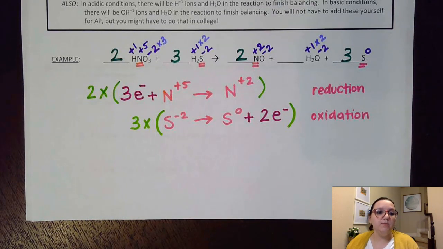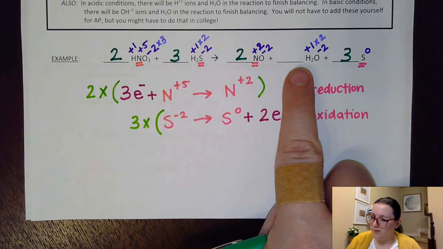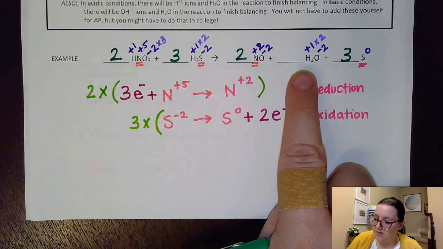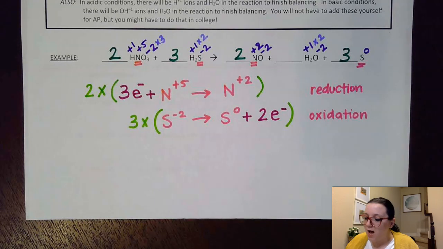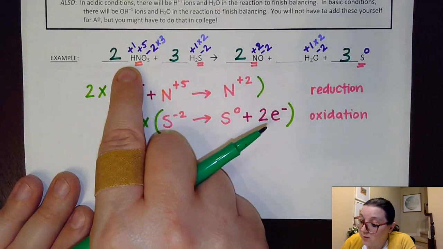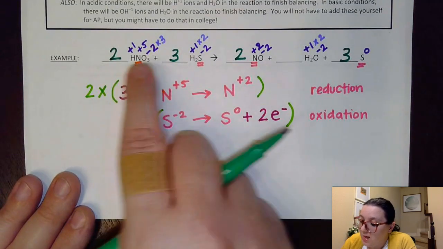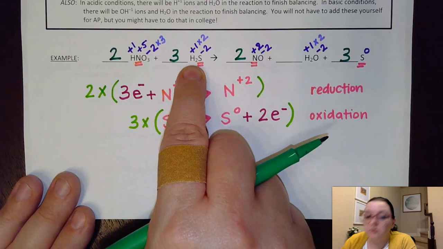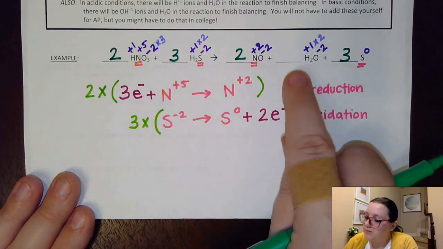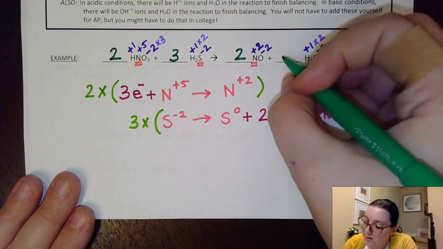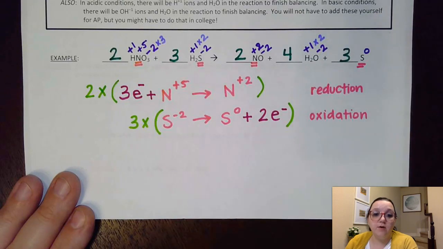We do want to double check and make sure there's nothing else that needs to be balanced. If you notice, I didn't touch this water over here, so I probably want to make sure I address that. So let's look at the hydrogens and oxygens, because those were elements that I didn't address down here. I noticed that on my reactant side, I have 2 hydrogens and another 6 hydrogens here, so that's a grand total of 8. And so to get 8 hydrogens over here, it would make sense to put a 4 in front of that compound.